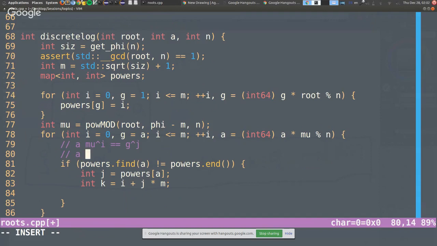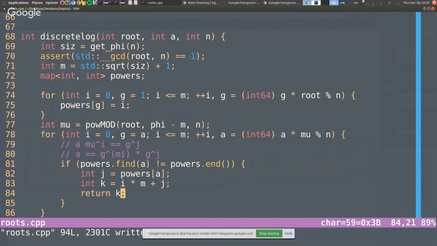This means that it is equal to g of mi. Actually, it's the other way around. And here we can just return this thing.